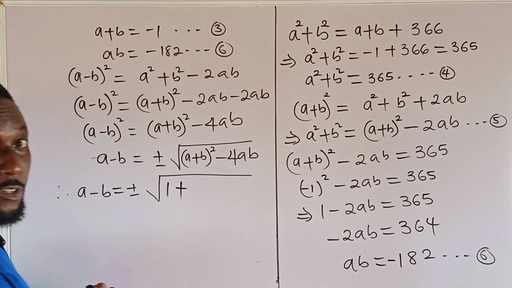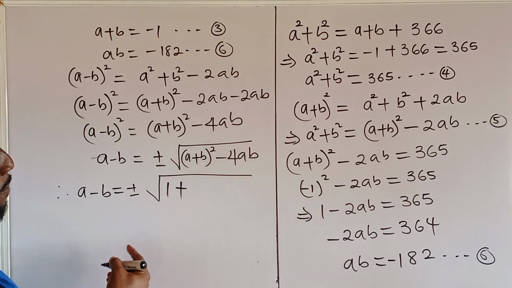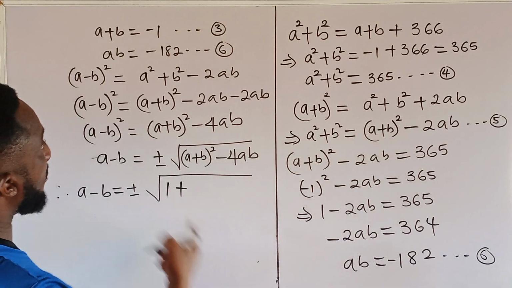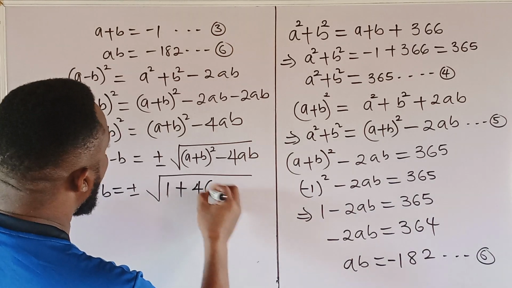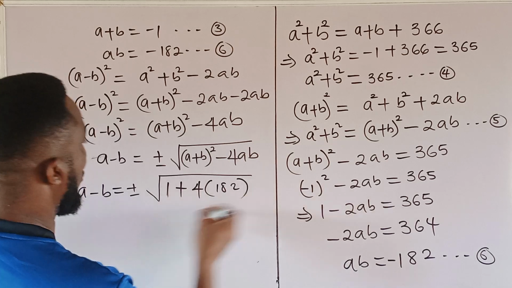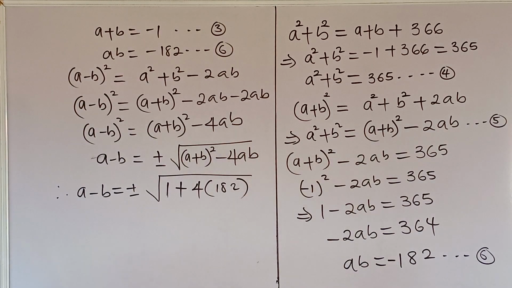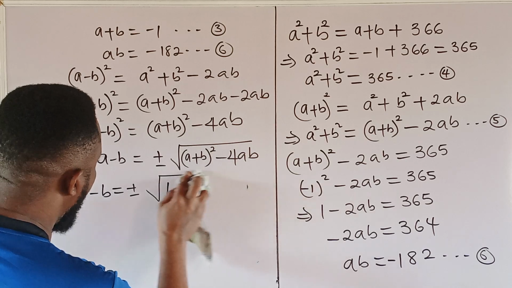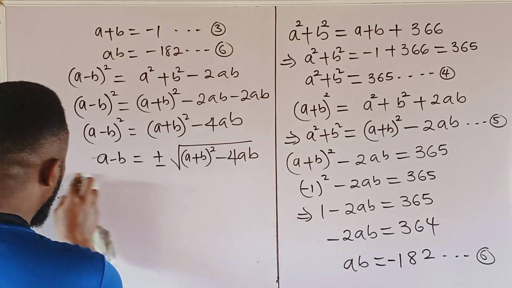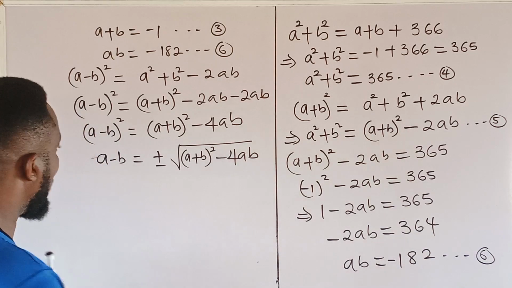So I'll write plus, because minus multiplied by minus is plus, so I'll then have 4 multiplied by 182. Okay, I think I should redo this for the sake of our audience in high school, because showing your procedures is very vital. So let me plug in the substituted values.